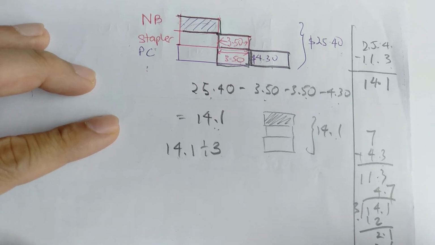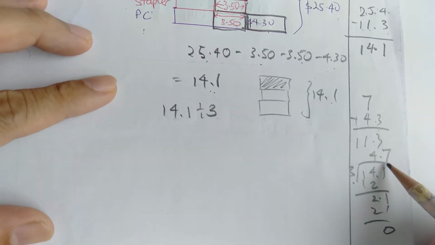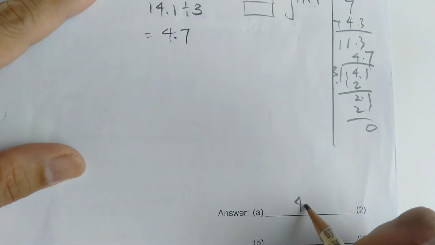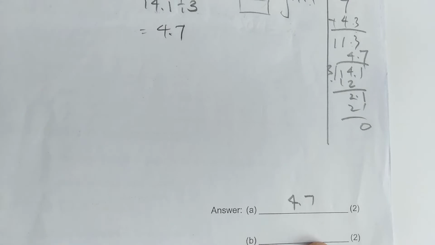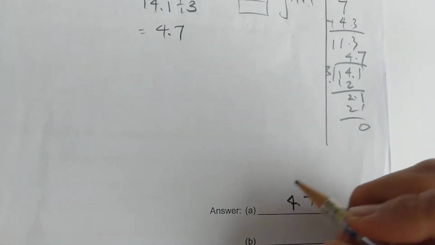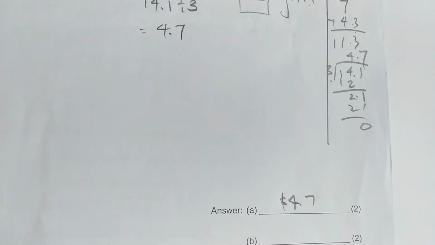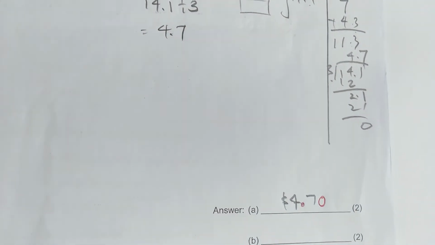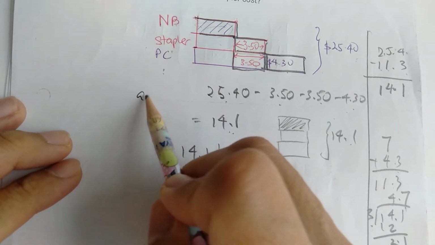Times 7, 21. Okay? So the answer here is 4.7. If you write like this, you will lose marks. Why? Because this is in dollar sign. And for dollars, you must have one more zero here to show the cents. So it's $4.70. This is for part A.